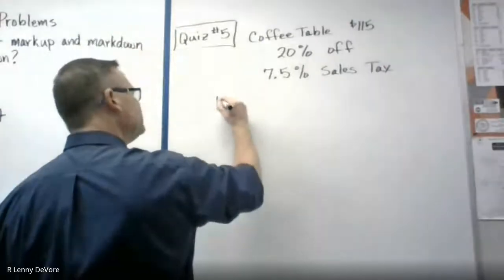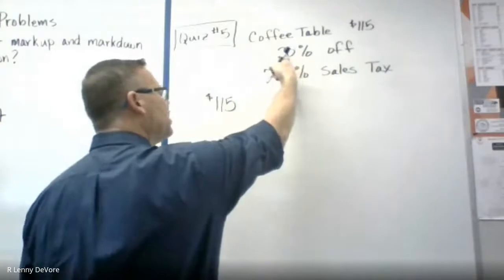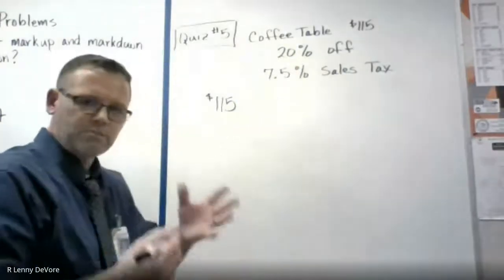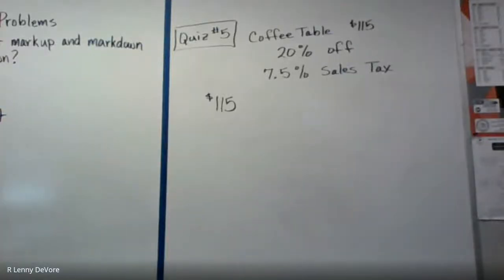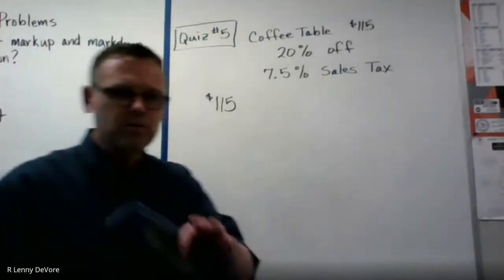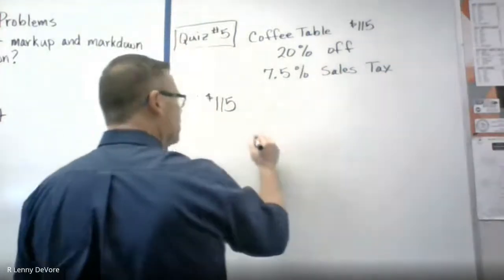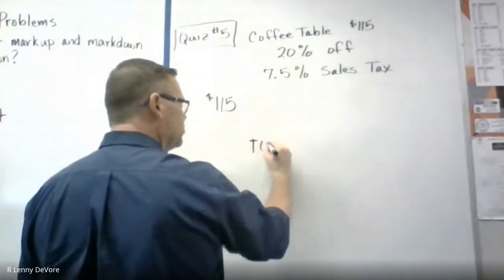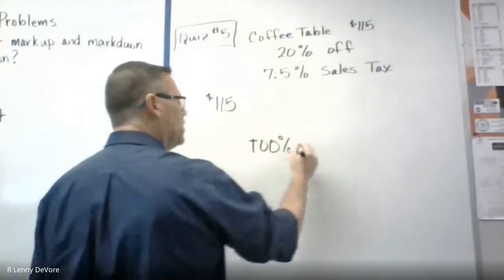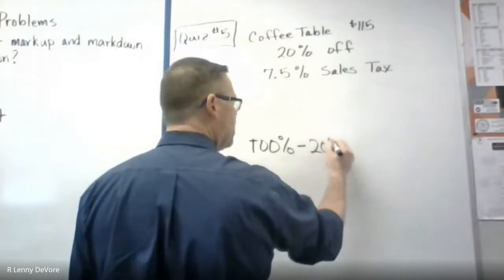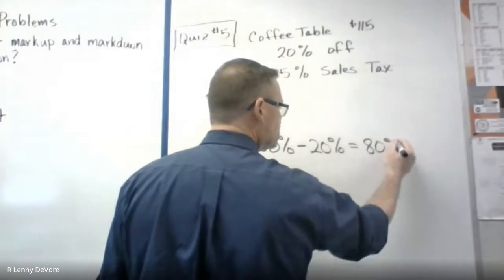Now, here's what we do. We take the $115 and instead of multiplying it by 20%, because 20% is the amount we would only find out the amount we were taking off, we're going to multiply it by 80%. Here's why. 100%, which I told you on the last one, represents this 115. If I subtract 20% from it, what I'm left over with is 80%.